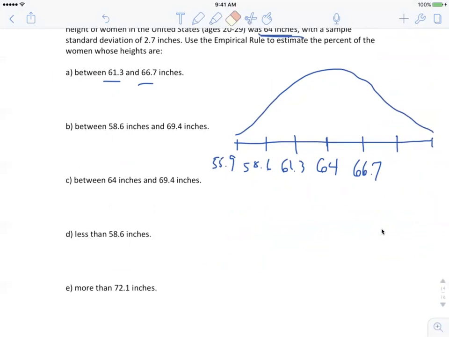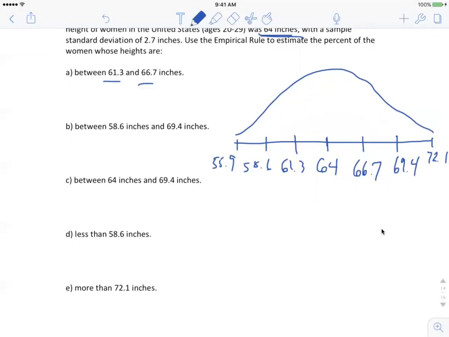Addition is hard. 66.7 plus 2.7 is 69.4. And then 69.4 plus 2.7 is 72.1. There, do you feel better now about your teacher? Those are the right values. Sorry about that. Now let's get to the problems.